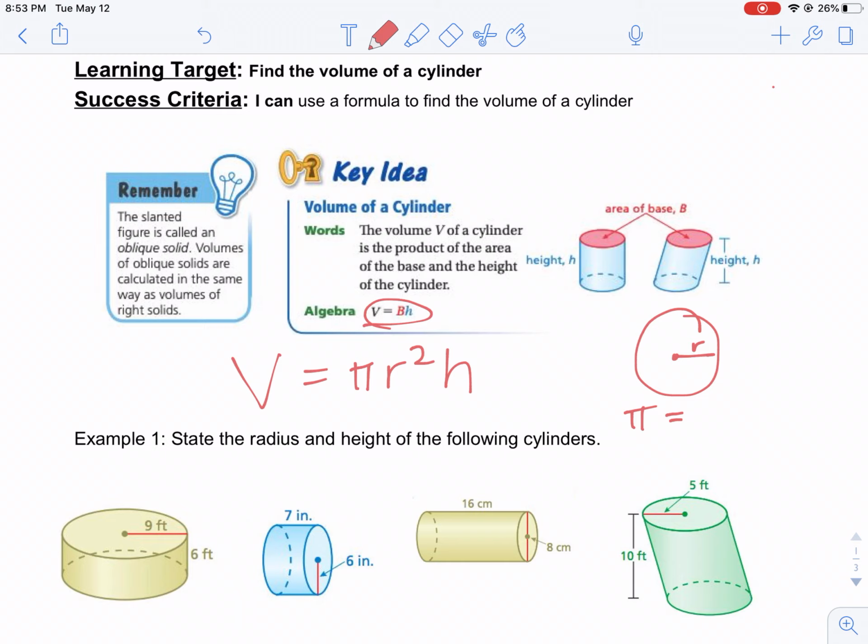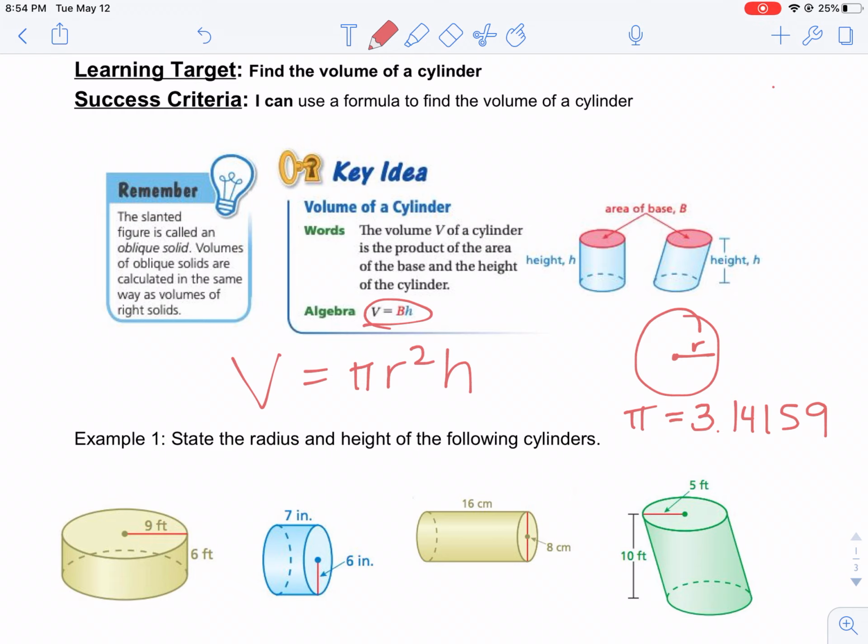You either need to make sure you use the pi button on your calculator, if you know how to do that, or you need to use a longer value of pi, 3.14159. And I'll explain that down below when we do some examples. But you can't just use 3.14, otherwise you'll get probably most of the problems wrong because it will make your answers round incorrectly.